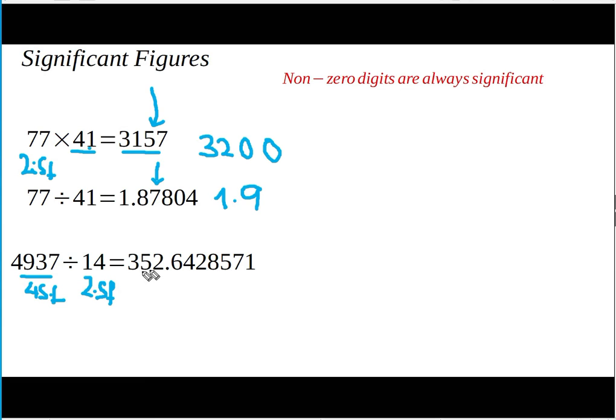If we express this in 2 significant figures, we look here, this is 2, and 2 is less than 5, so we round down, and we end up with 3, 5, 0. The rest we don't bother ourselves with. So this is what we have.